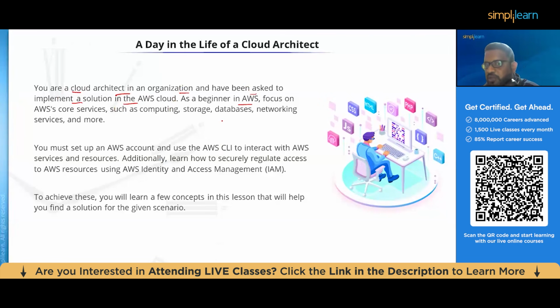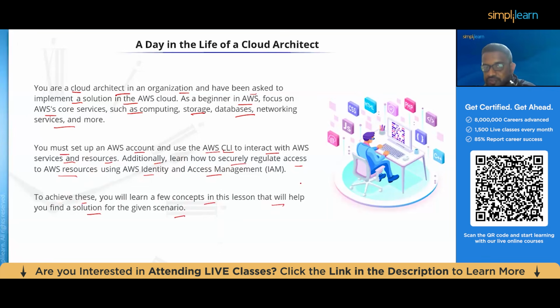As a beginner in AWS, focus on core services such as computing, storage, databases, networking services, and more. You must set up an AWS account and use the AWS CLI, the command line interface, to interact with AWS services and resources. Additionally, learn how to securely regulate access to AWS resources using AWS Identity and Access Management. To achieve this, you will learn a few concepts in this lesson that will help you find the solution for the given scenario.